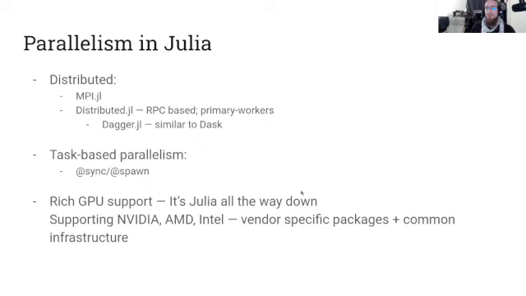And so you have vendor-specific packages, such as CUDA.jl, AMDGPU.jl, oneAPI.jl, which implement low-level interfaces to these different accelerators. And they're built upon a common infrastructure where we're sharing all of the nitty-gritty details of how to compile Julia to various accelerators. And so bringing up a new accelerator is actually a lot faster than bringing up the first one.